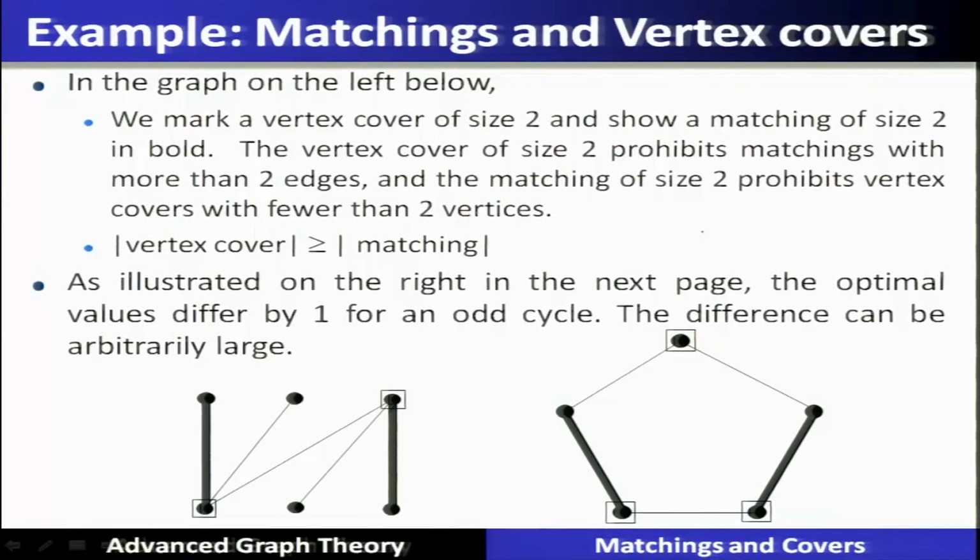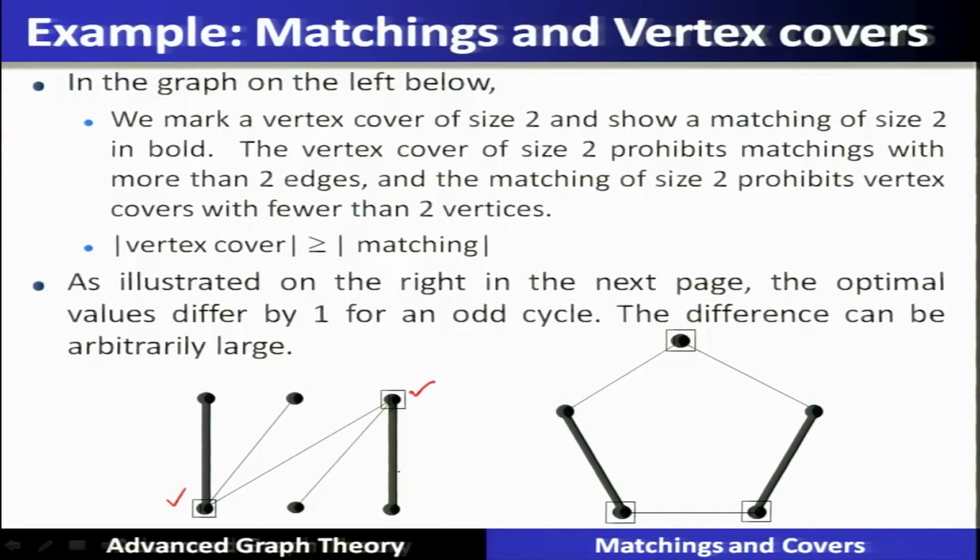In the graph shown on the left, we mark a vertex cover of size 2. This is one vertex cover, this is another. These two vertices will cover all the edges, that means all the edges are touching these.